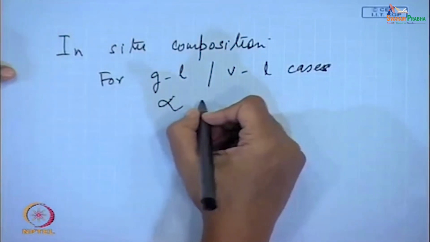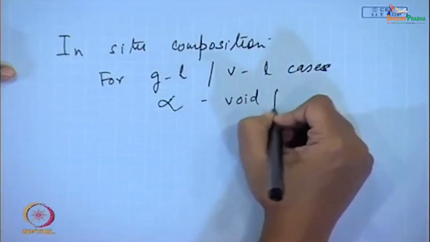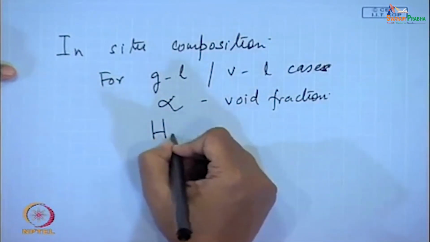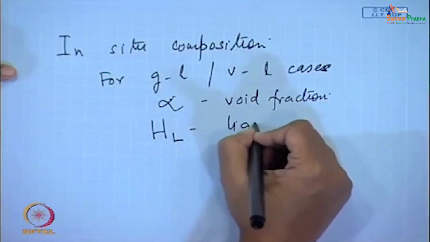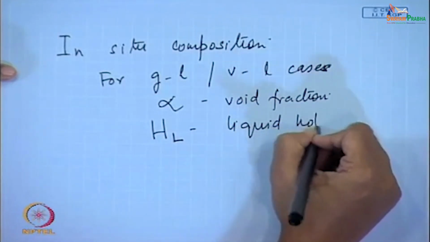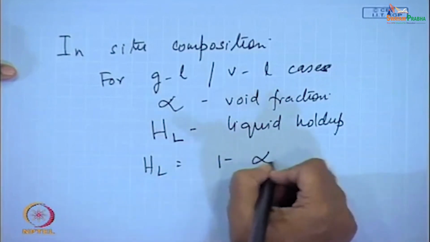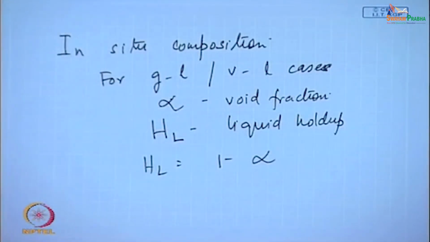And there is one more thing which we define, known as HL, the liquid hold up, where HL is nothing but 1 minus alpha, isn't it?